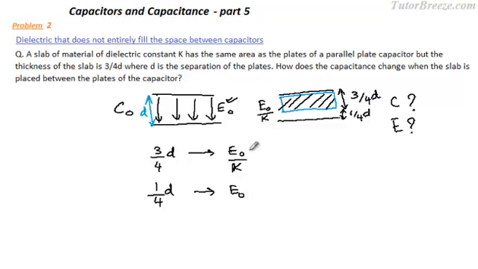Now we want to find out the potential difference V due to this electric field in region 1 and in region 2.